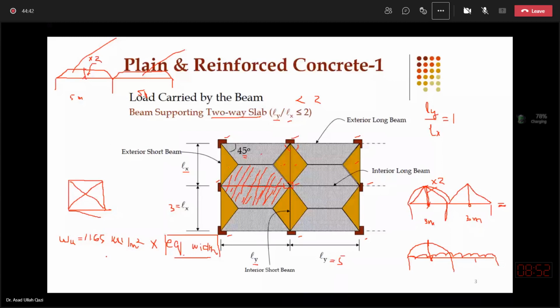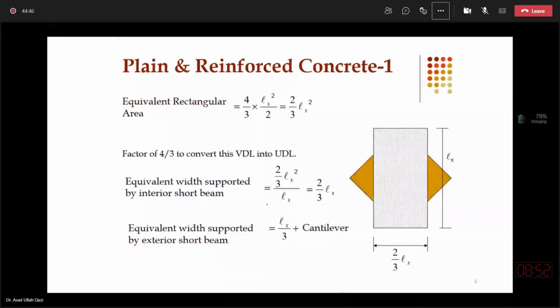For triangles, the equivalent width will be 2 by 3 LX if this is an interior beam which has two triangles.